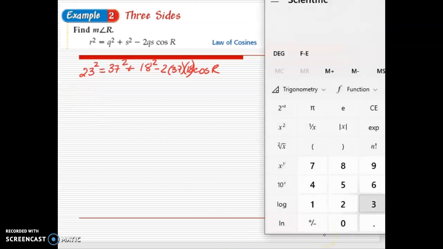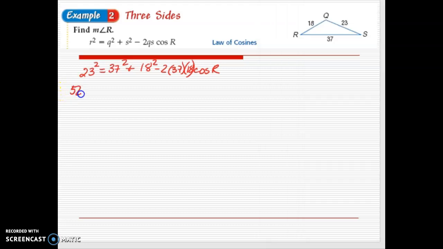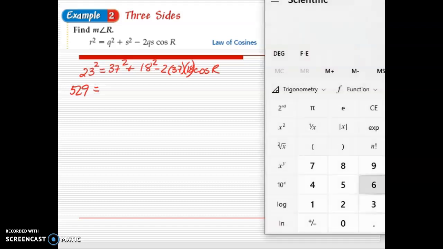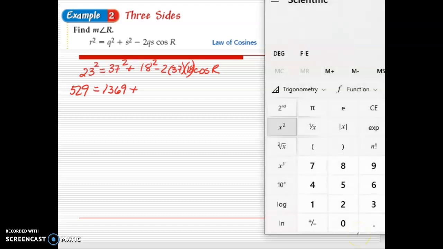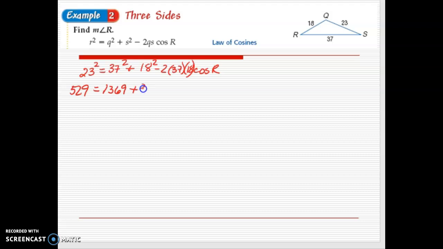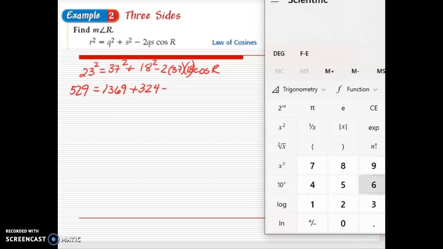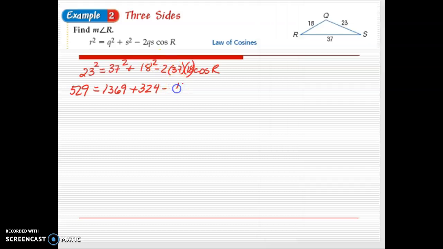Okay. So 23 squared is 529. 37 squared is 1369. 18 squared, 324. And then you have minus 2 times 37 times 18, 1332 cosine r.